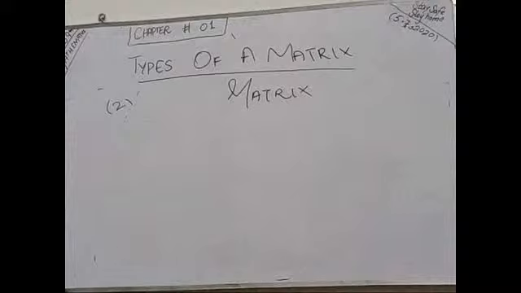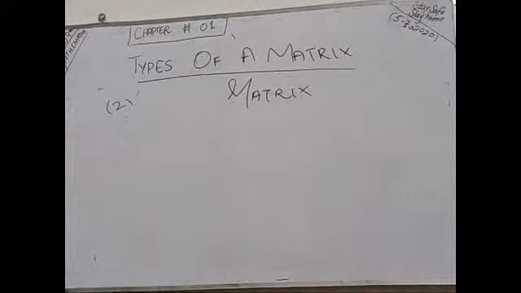So we can see that the number of rows over here is 2. And number of columns 2. It means that number of rows is equal to its number of columns. So we know that if the number of rows is equal to its number of columns, it is a square matrix.